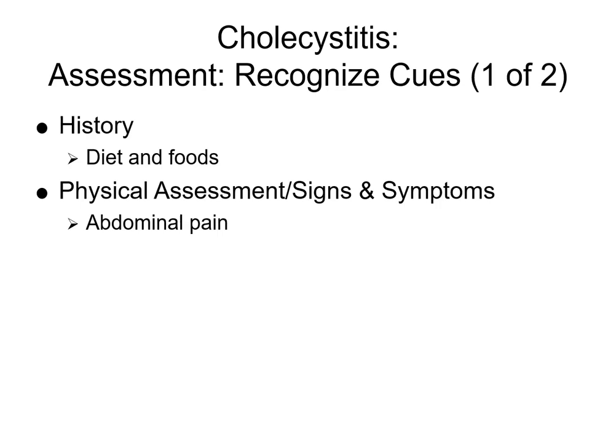Where will the jaundice occur? First noticed in the sclera, the mucous membranes. You may see clay-colored stools instead of the dark brown stools. The urine will be dark, and this is from biliary obstruction.